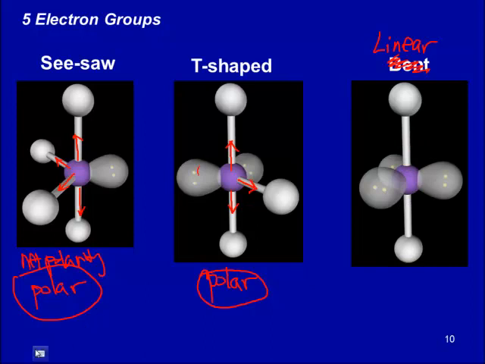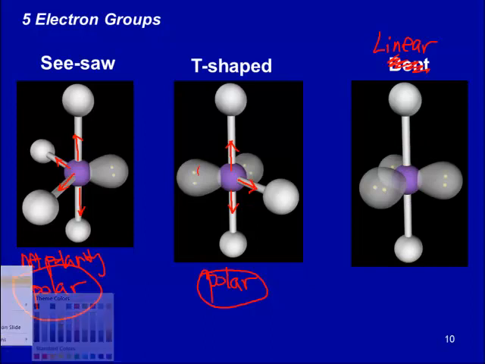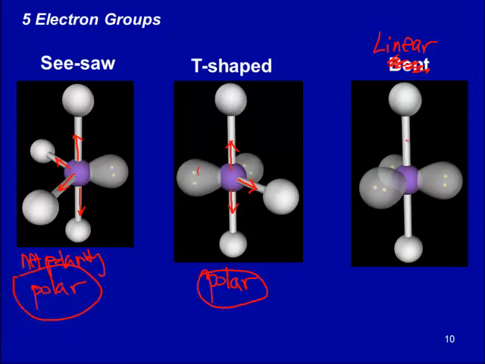Gotta erase it and redraw it. Excuse my bad penmanship. Now you can see these 2 are exactly 180 degrees, and they cancel each other out. So the net polarity of the molecule is 0, and you will say the whole molecule is non-polar.